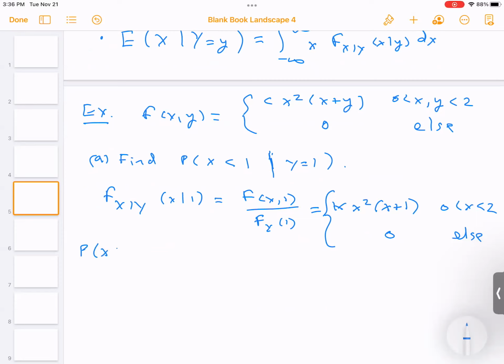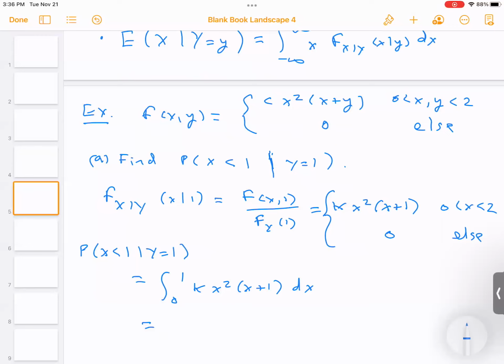The probability x less than 1 given y equals 1 is equal to the integral from 0 to 1. We're going to have a k in the answer, and we're going to have to figure this out. Let's just keep going though. Okay, getting there.